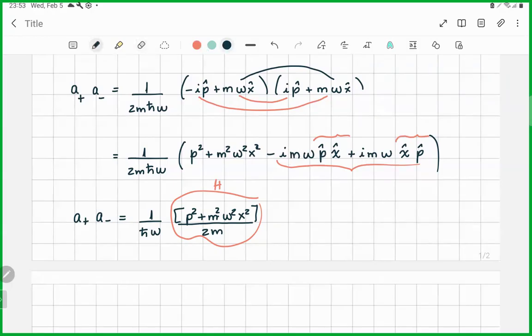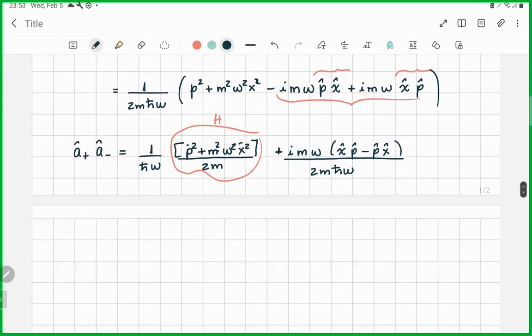So let me rewrite it entirely. I'll start with the positive, plus i m omega, this is in both terms, and we have x p minus p x, and everything that is in the denominator. So I'm going to put here 2m h bar omega. So you see that sometimes I don't put the hat, but you know that there are hats everywhere.